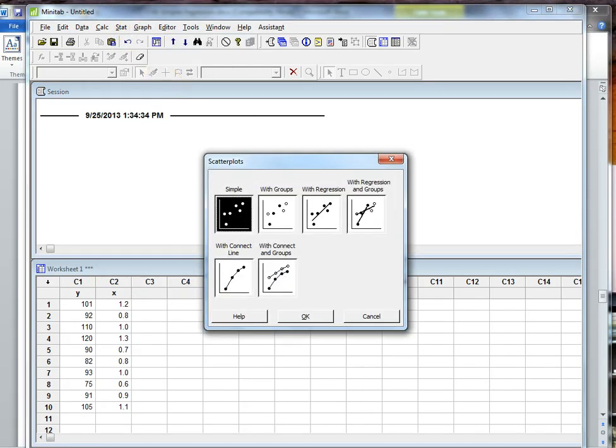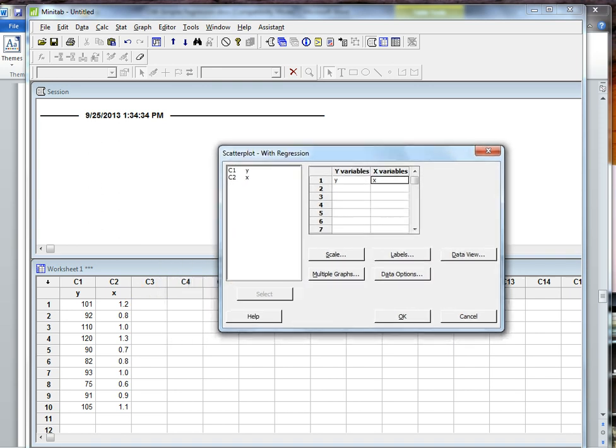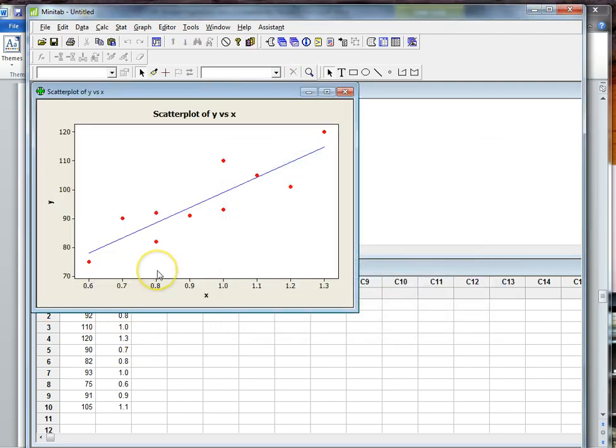I want the one with the line fitted. Say OK, and then I want my Y variable and my X variable. So I enter X or just click on it there, and you notice what I did here is I entered my data, Y here and X, so my data starts down here at 1, and I click OK, and boom, I got this plot here.